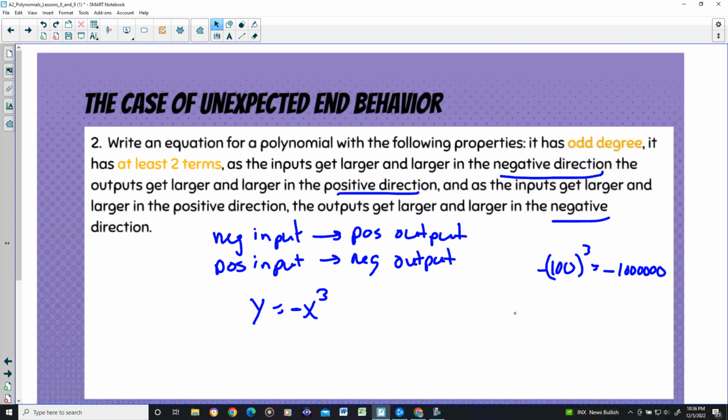And what if I did this? Now all of a sudden, I'm going to get negative 100 to the third power, so that's going to be negative 1 million.